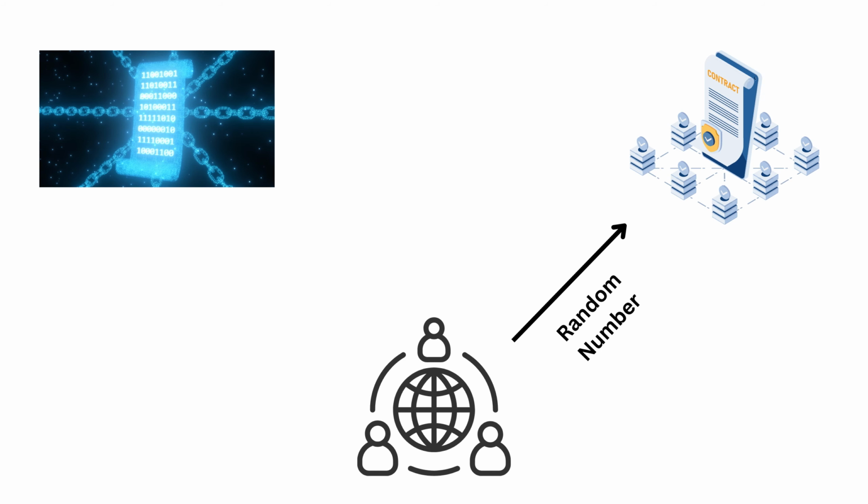The generated random number is returned to the on-chain coordinator contract. The coordinator first verifies the validity of the proof. If the random number is valid, the coordinator then calls the fulfill random words function on our contract. Please note that the fulfill random words function is defined on our contract and is only called back by the coordinator contract after the random number generation process is complete.